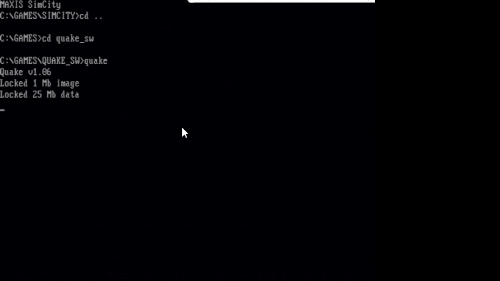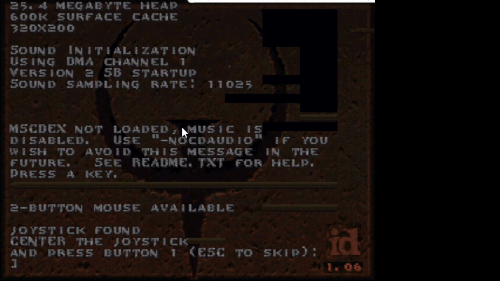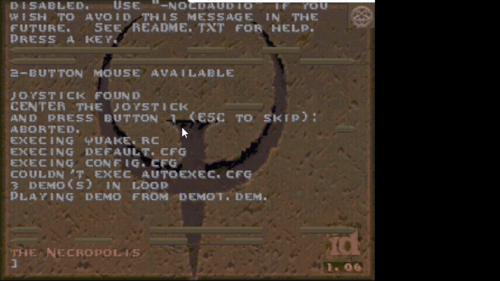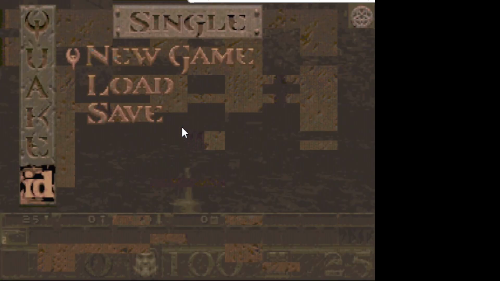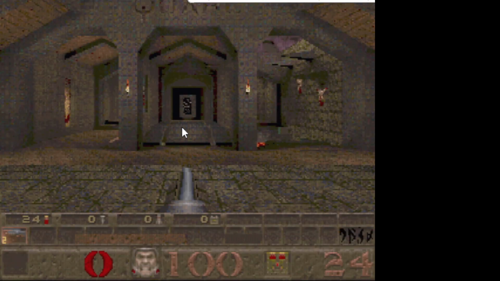It has a 100 megahertz overdrive chip in it, I believe. I put it in. Yeah, Quake, no problem.